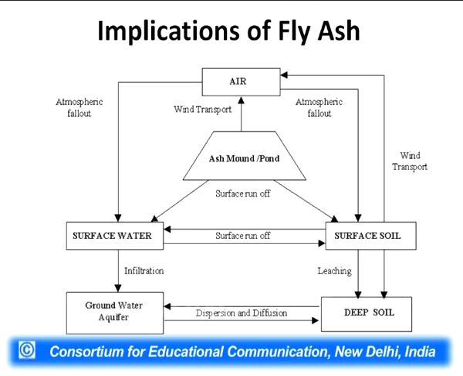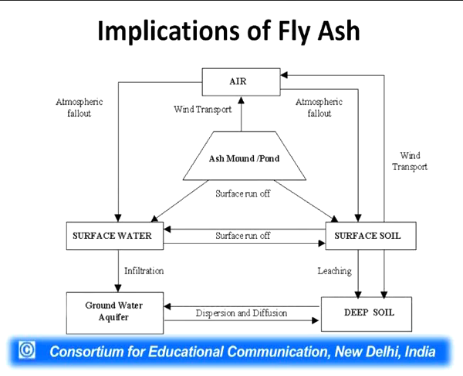If it goes to the surface soil, it can reach the deep soil, and from deep soil it can ultimately become part of underground water. And surface soil and surface water, both are reversible processes. I mean, from surface water it can go to the surface soil, or from surface soil it can go to the surface water. And where these have harmful effect, it is for the farmers, because if the soil is spoiled, farming becomes very, very difficult.